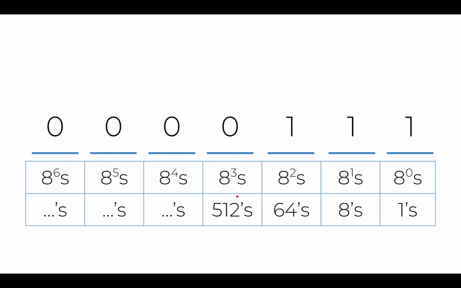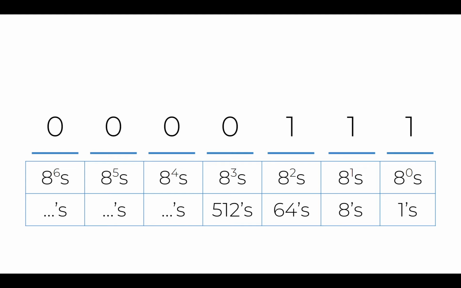So what about octal? Octal, very similar spiel, except again, the places are different. So instead of 2 to the 0, it's 8 to the 0, then 8 to the 1, then 8 squared, etc. So it's the 1's place, 8's place, 64's place, 512's place, and so on. And because it's base 8, we have 8 characters, so we can use the numbers 0, 1, 2, 3, 4, 5, 6, and 7.